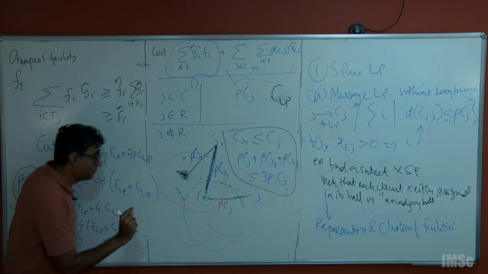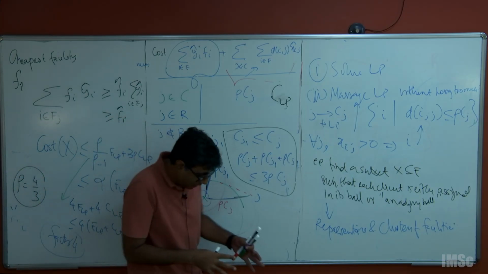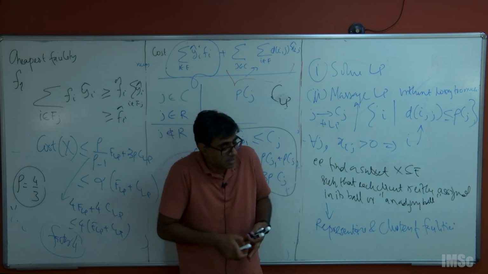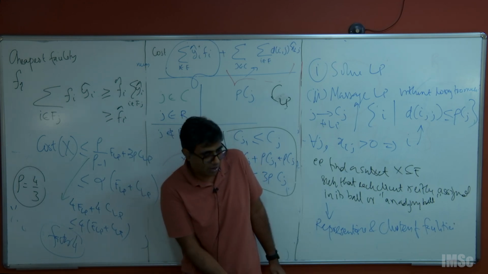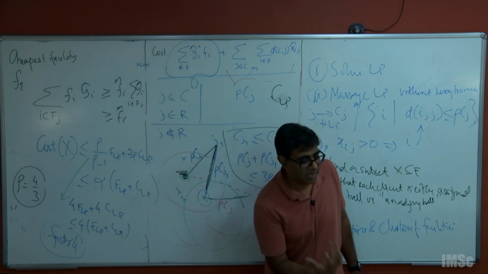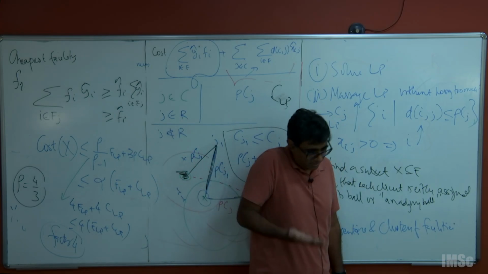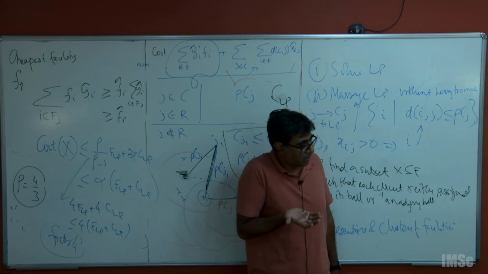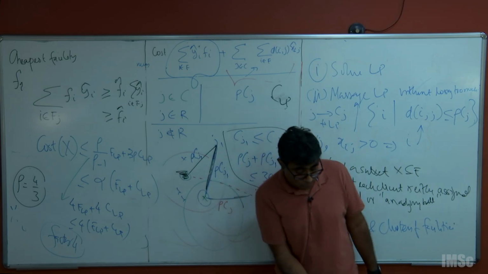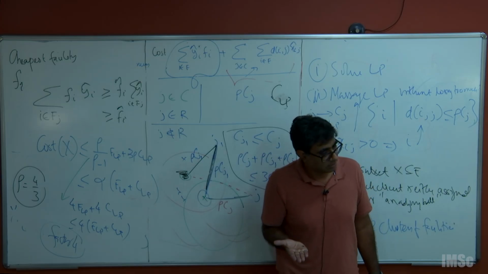So if you look at the set of facilities here, their yi values should at least be 1, because ultimately I'm also assigning this to 1. If the yi value is too little, the payment is anyway less. So up to 1, I'm very happy, right?